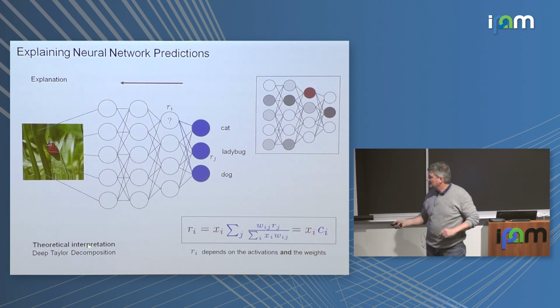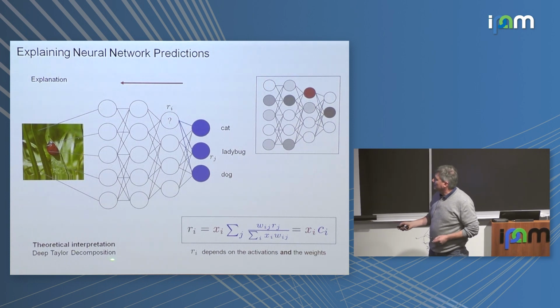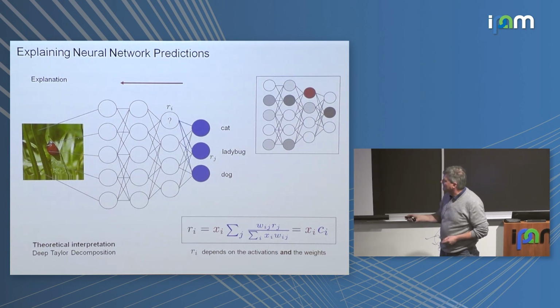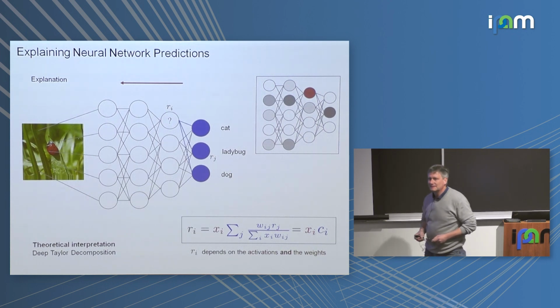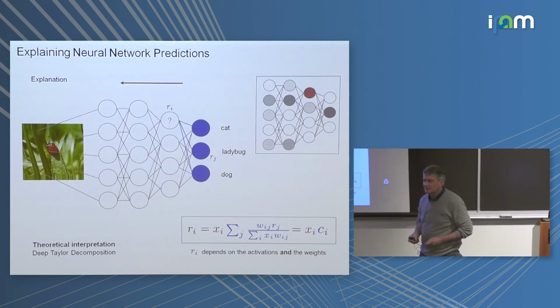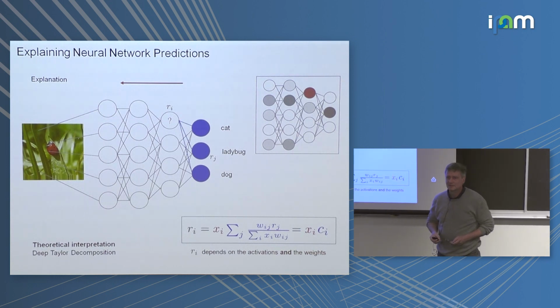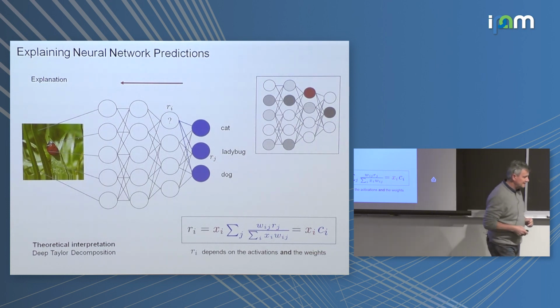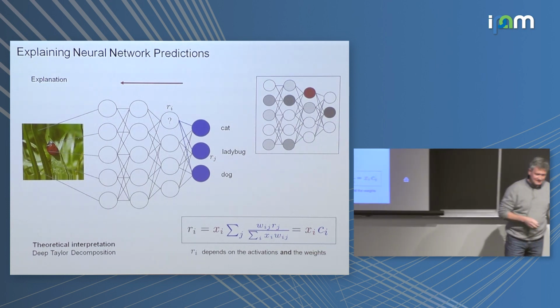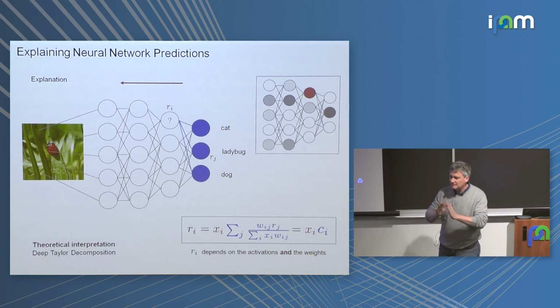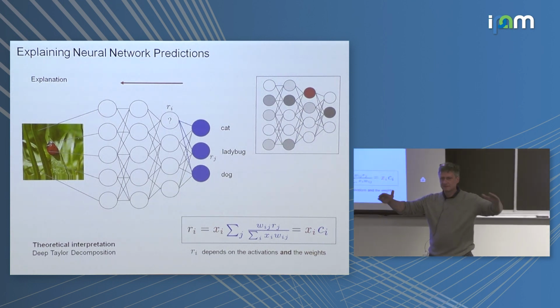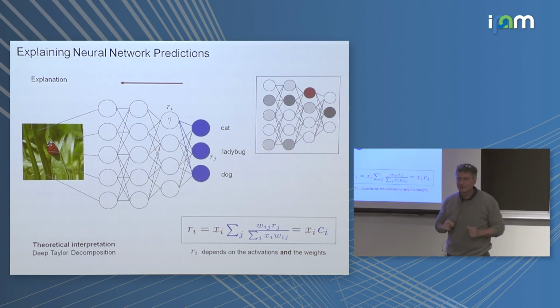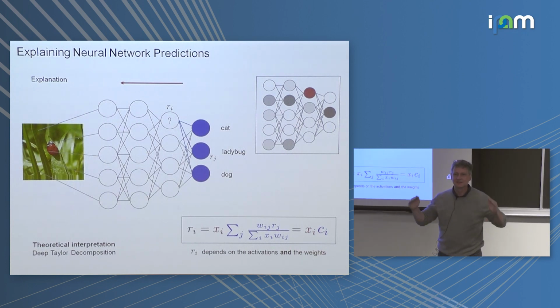So this was the first one, which could explain that what we are doing here is not arbitrary, but it does something which we can explain with what we call a deep Taylor decomposition. And I will just do some hand waving to explain that. So assume that you have some function, then a canonical way would be to do a Taylor decomposition.